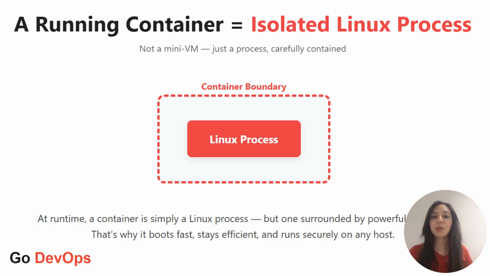And this is the secret behind containers being so fast, so lightweight and portable. There is no full operating system involved, just one process running inside a well-defined boundary. So the key takeaway is that a container is not a mini virtual machine. It's more like a Linux process with strong isolation boundaries.